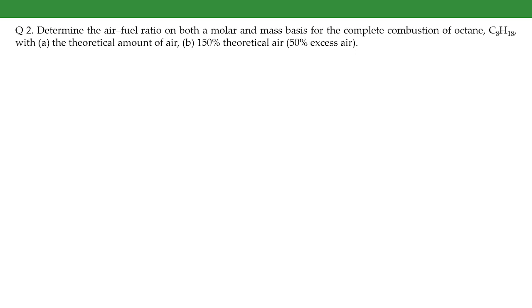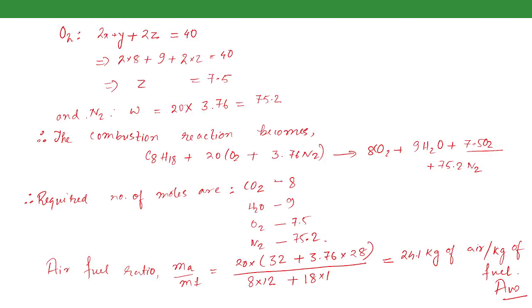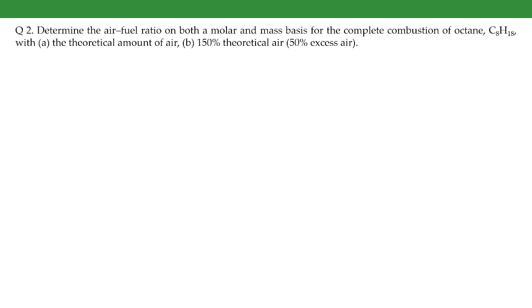So we have to determine the air fuel ratio on a molar basis and mass basis with the theoretical amount of air for the combustion of octane. In the previous question we have only determined the air fuel ratio on a mass basis. Now we will determine on both mass basis and molar basis with the theoretical amount of air and then 150% theoretical air, that is 50% excess air.